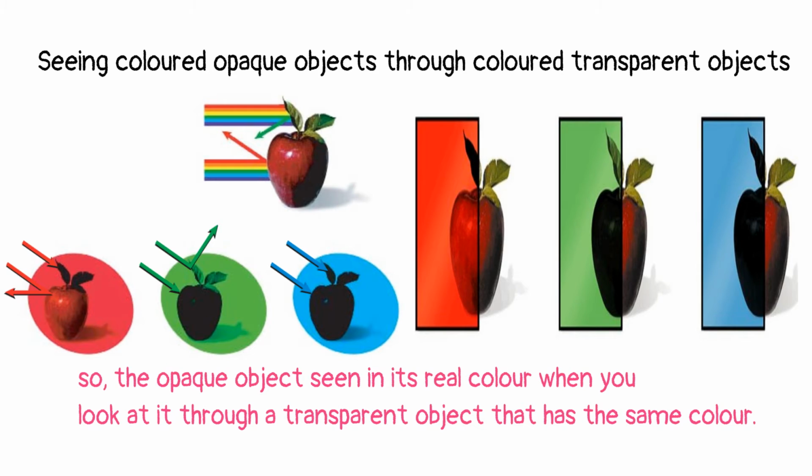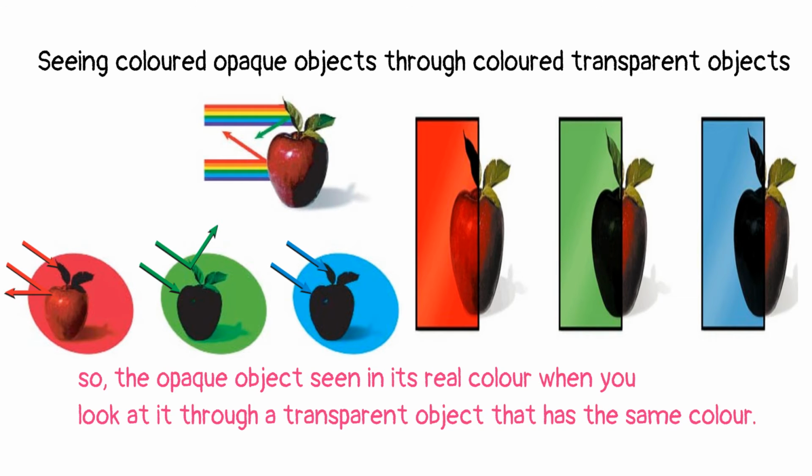Also, by changing the glass sheet into black, we will see the red apple as black. So from this we can conclude that the opaque object is seen in its own color when you look at it through a transparent object that has the same color.